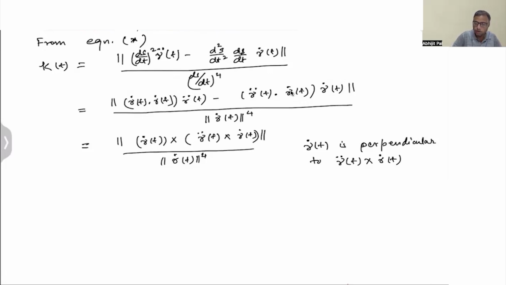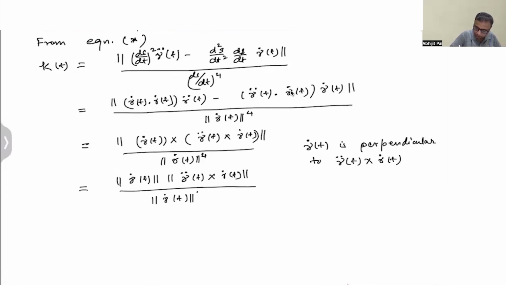Okay. So what we know is that the norm of A cross B is equal to norm A times norm B sine theta, where theta is the angle between A and B. So here theta is equal to pi by 2. Therefore, we have this equal to the norm of gamma dot t times the norm of this vector product, divided by the norm of gamma dot t to the power 4.